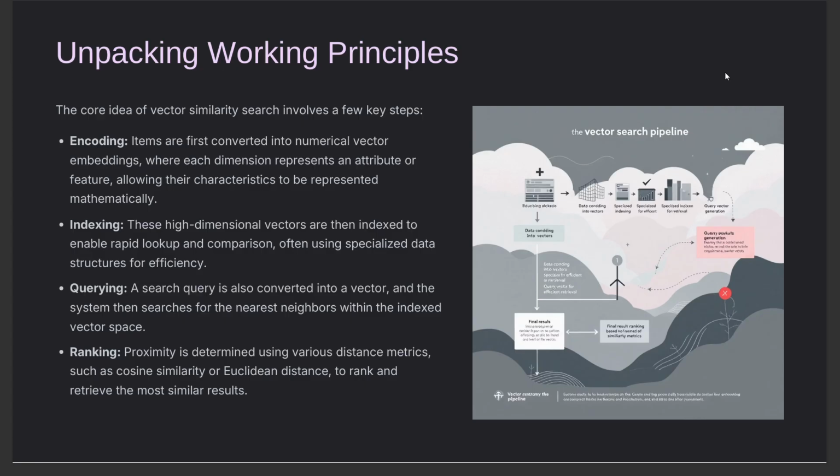Finally, the system calculates how close each item's vector is to the query vector using metrics like cosine similarity and ranks the results accordingly. The closer the vector, the more similar the item.